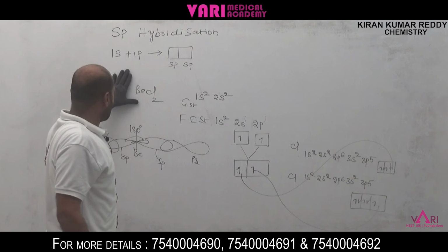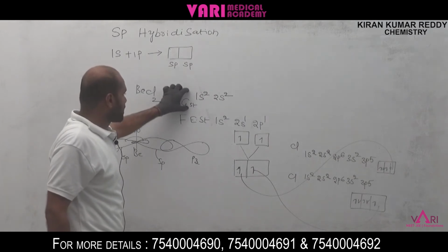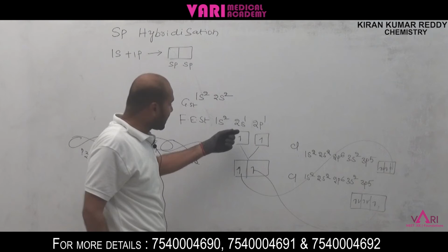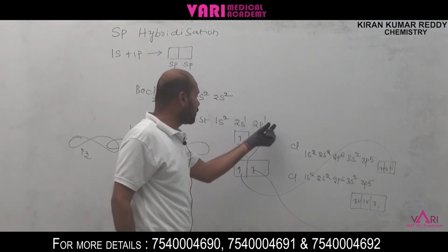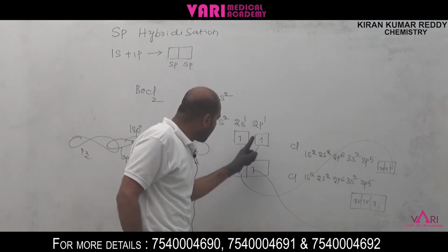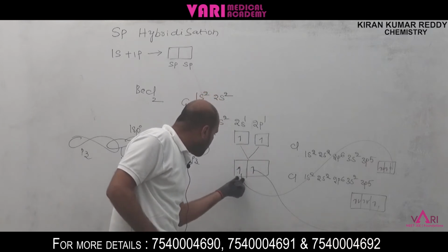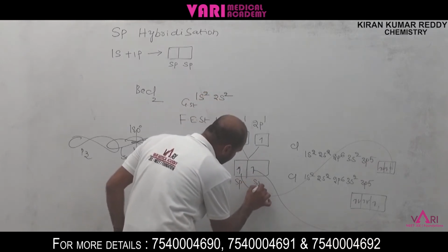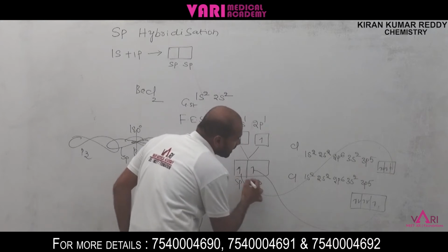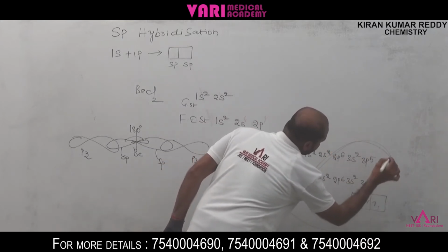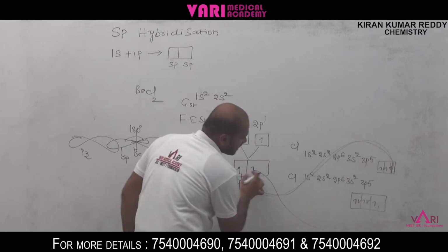Here is the first one. I am taking beryllium chloride. Ground state 1s2, 2s2. First excited state means one of the electrons jumps from the s orbital to the p orbital. One s orbital and one p orbital mix to give two sp orbitals. One of the sp orbitals intermixes with this chlorine, and another one intermixes with the other chlorine.